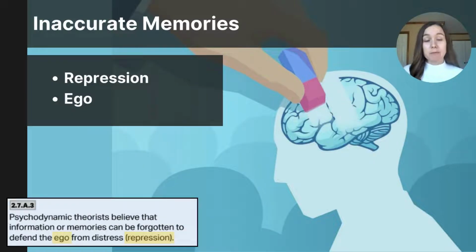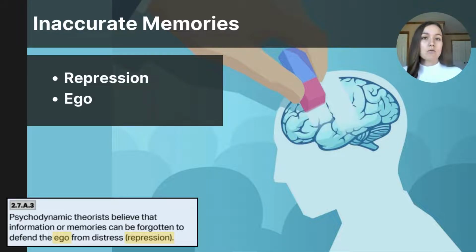Now, psychodynamic psychologists believe that forgetting happens because of something called repression, which is when your mind hides memories that are too upsetting or distressing. And this happens without you realizing it because your brain is trying to protect your conscious self. And the idea that psychodynamic psychologists try to explain is that the mind is protecting the conscious self and what you're aware of.